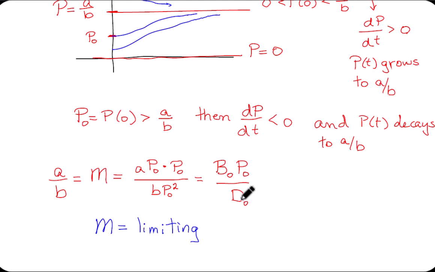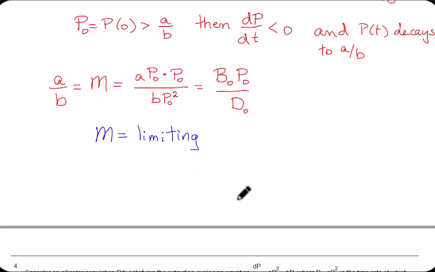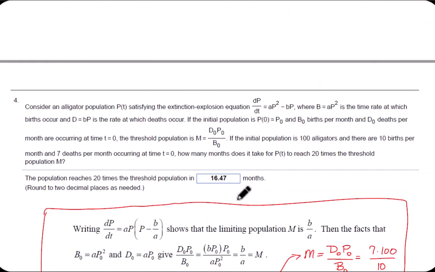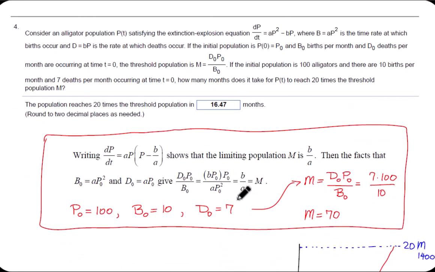All right, in question 4, we have an alligator population. We have a birth rate of AP squared this time, so not the death rate, but the birth rate. And the death rate is BP. So again, I'm going to get a threshold population.